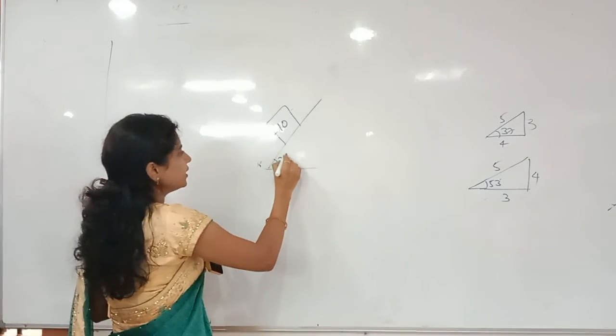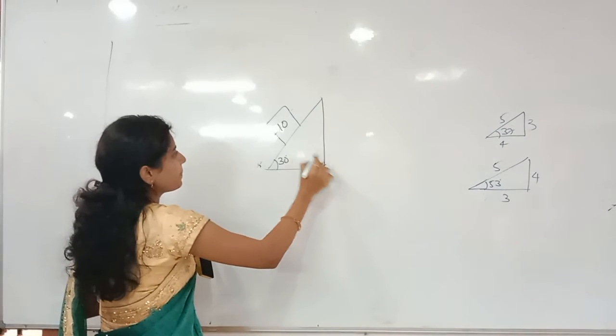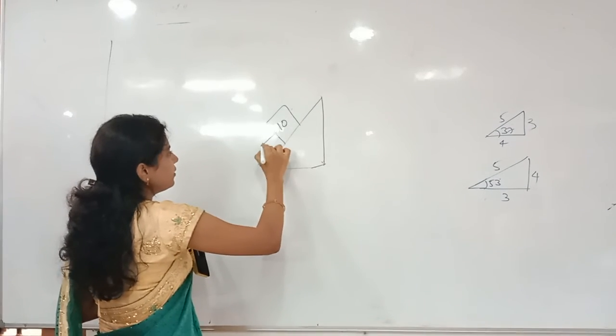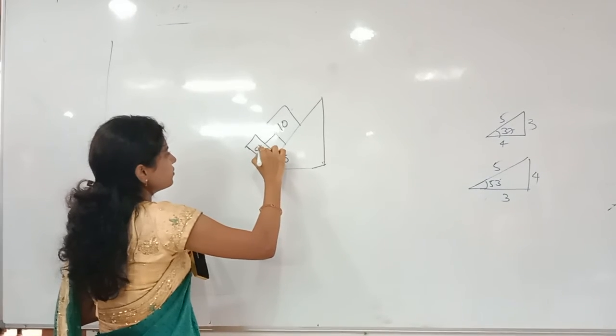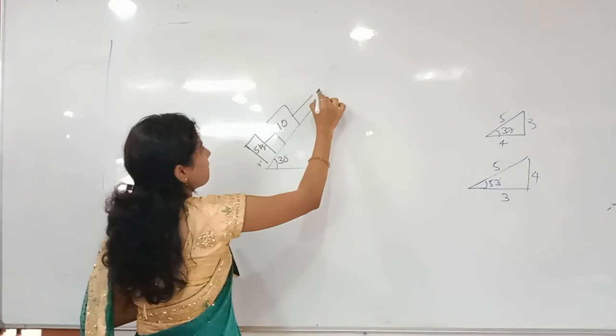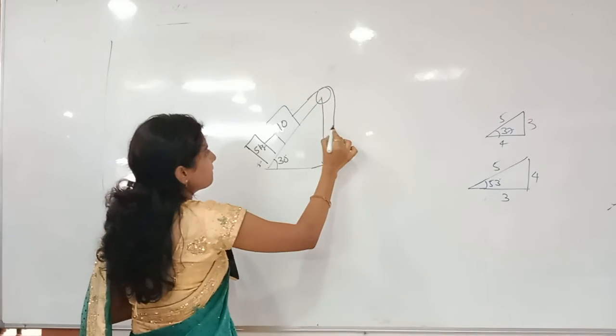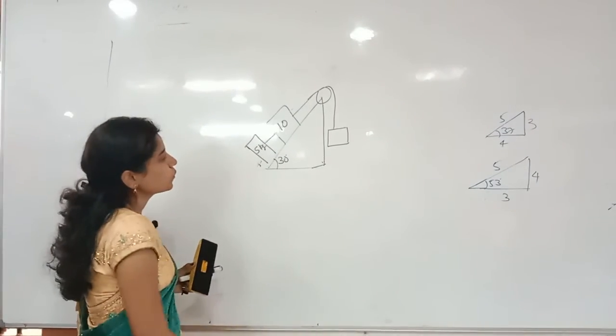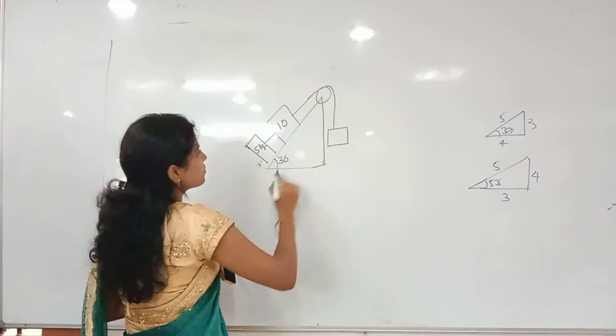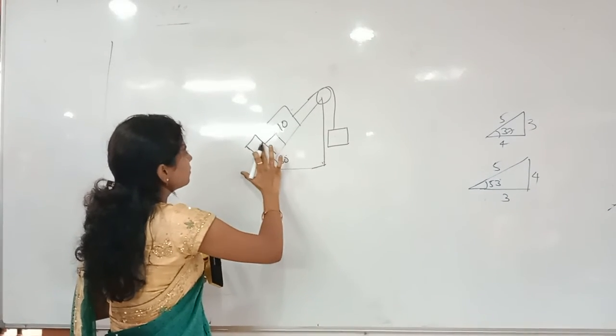So angle is 30 degrees here. There is another mass of, let me take 5 kg. It will fall, no?